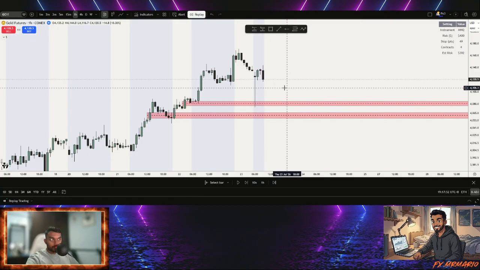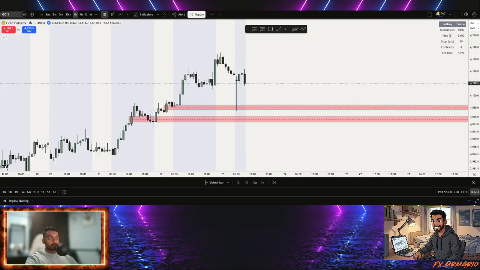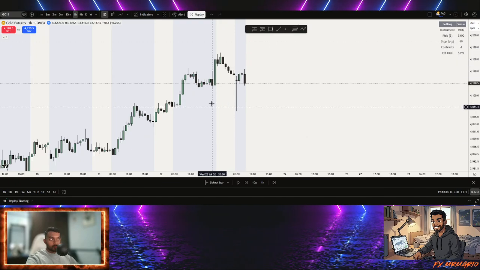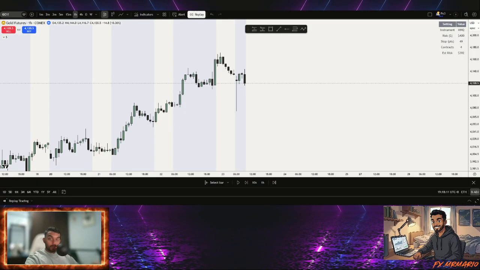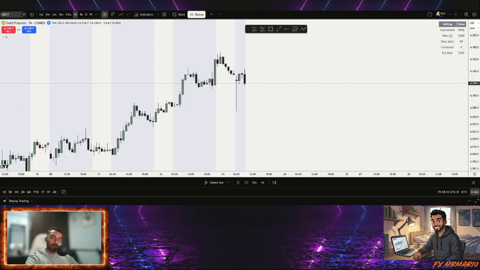Even this 1 hour, it came down, tapped this, and rejected. So at this point you would be thinking, okay, we're going to make a higher high, right? So would you buy here? Definitely, because it's showing you a buy point of view. Cool. But most people would buy, and let me tell you why you shouldn't.